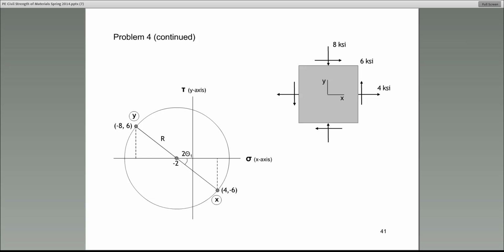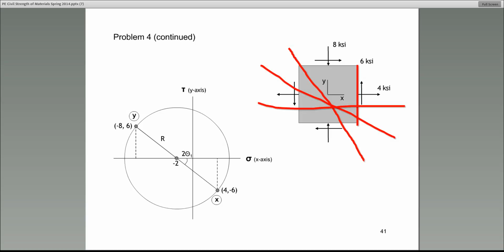If any point on the circle represents a plane on this square, then as we rotate, remember, we're going to rotate different planes and see which one of these planes contains the principal stress or the maximum stress. So each of those planes that I'm rotating is represented by a point on the circle.